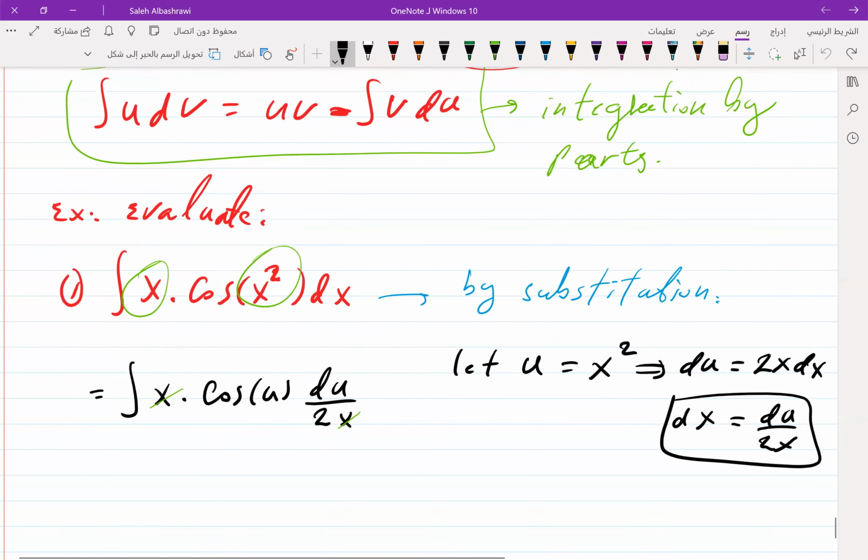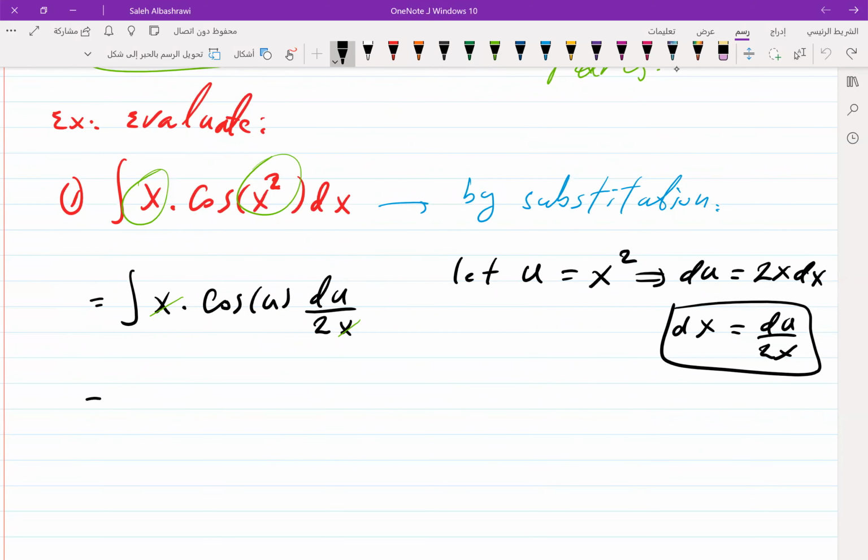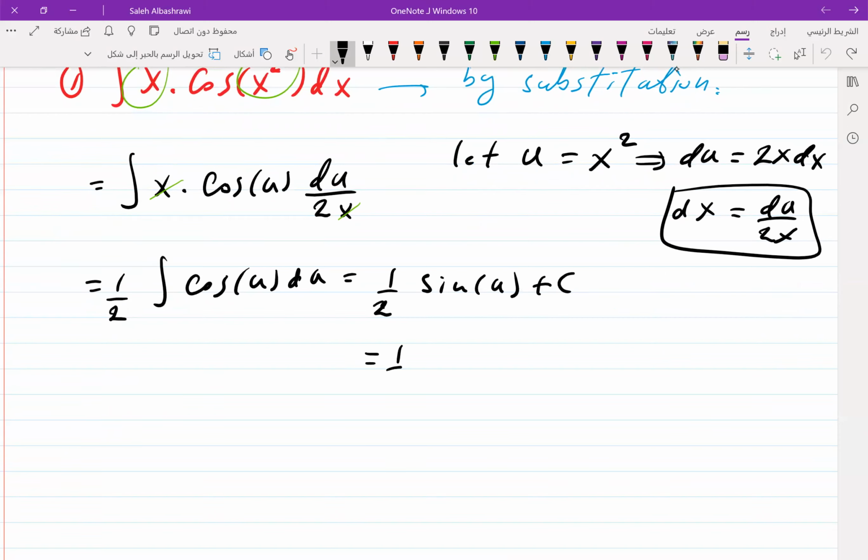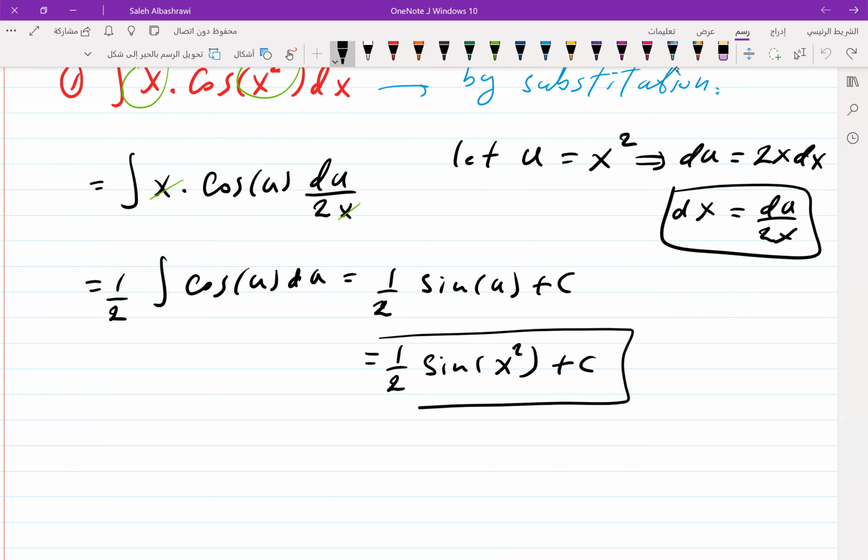I will have 1/2 integration of cosine of u du, which is equal to 1/2 sine u plus constant c, which can be written as 1/2 sine x squared plus some constant c. This is integration by substitution, the one that we have discussed before.